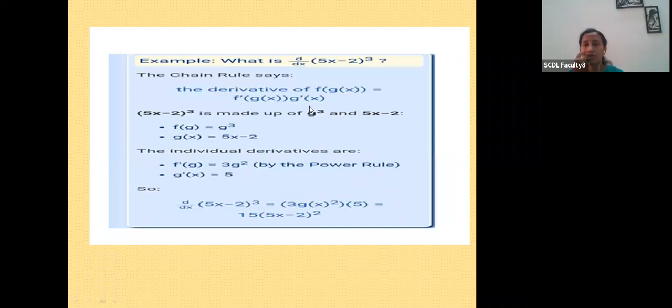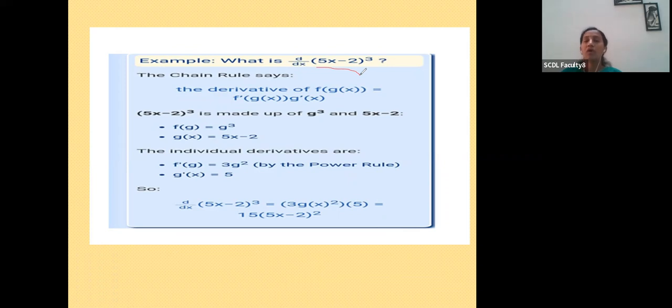Now, next one again with the chain rule. Here we have to find the derivative of bracket 5x minus 2 bracket cube, (5x minus 2) cube.